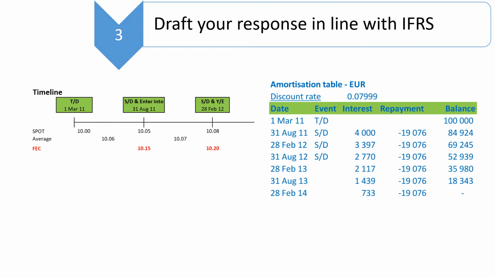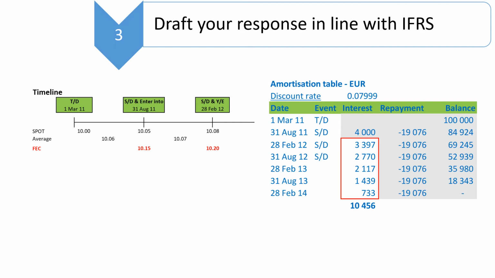You need to understand, as at 31 August 2011, what is the remaining interest. And the way you do this is you simply sum up the values that have been boxed in red. So 3397 plus 2770 plus 2117 plus 1439 plus 733 gives you 10,456 euros.